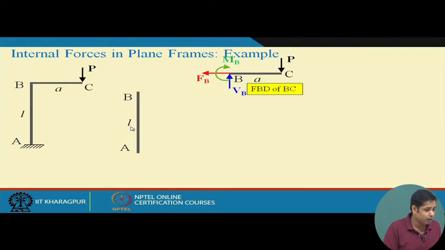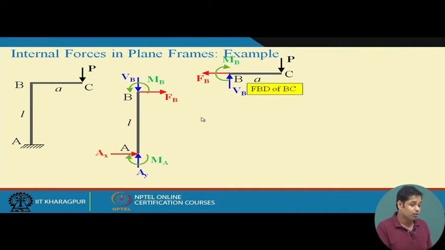Similarly, let's draw the free body diagram of part AB. First we have the support reactions AX, AY, and MA. This is a fixed support, so we have all three. At B we also have FB, VB and MB.